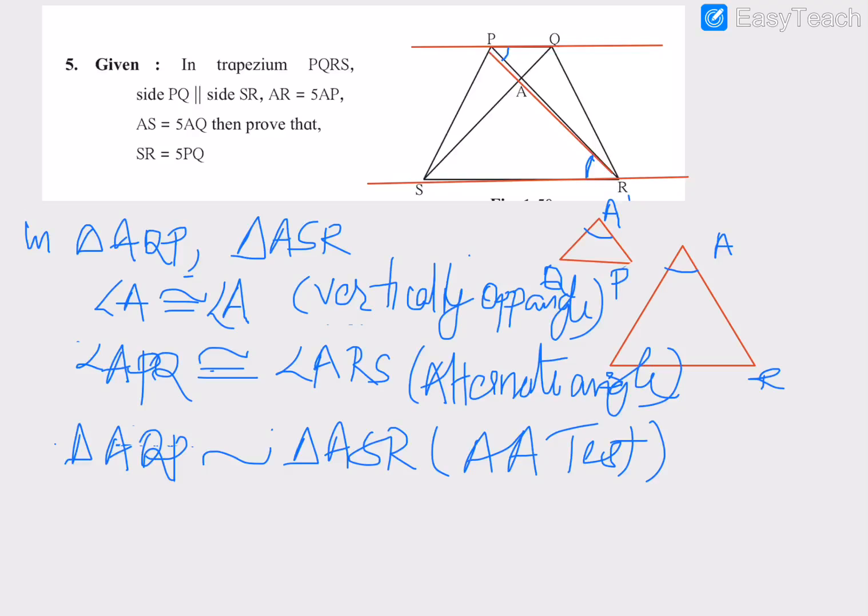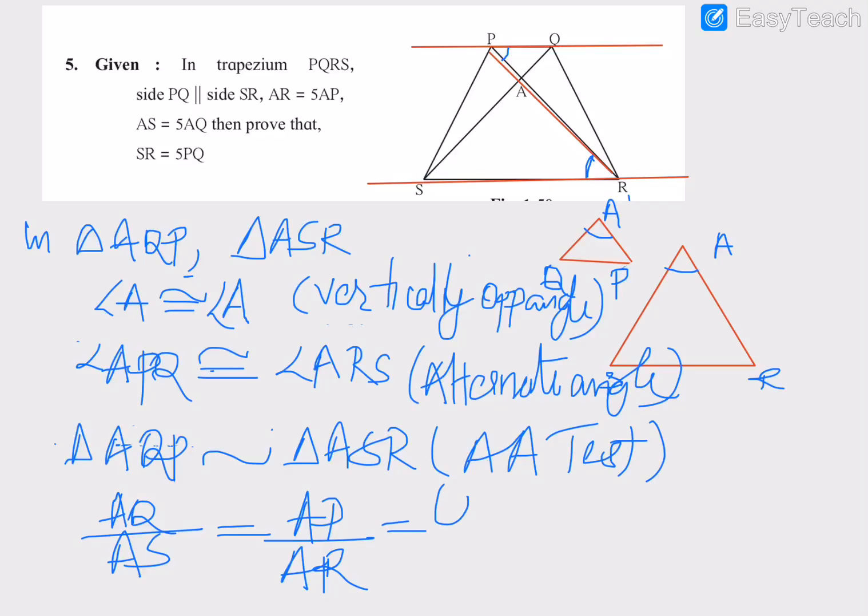Now since the two triangles are similar, the ratio between the corresponding sides will also be equal. Looking at the figure, the corresponding side of AQ is AS, so we can write AQ by AS is equal to AP by AR is equal to QP by SR, or PQ by SR.